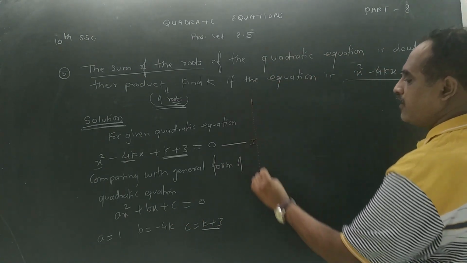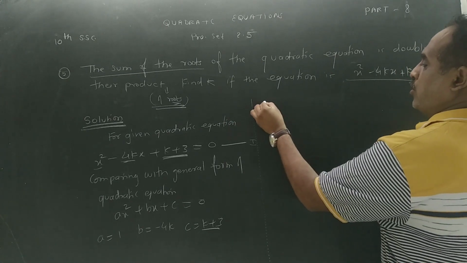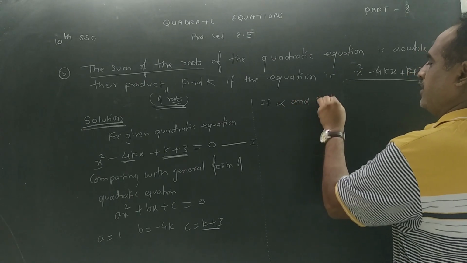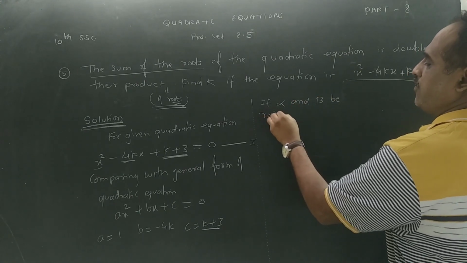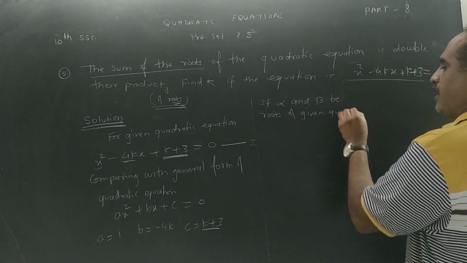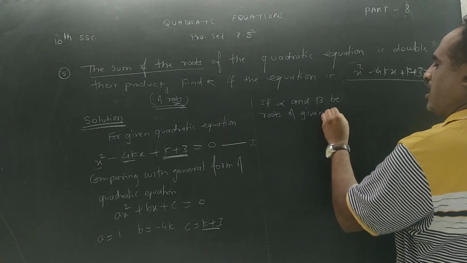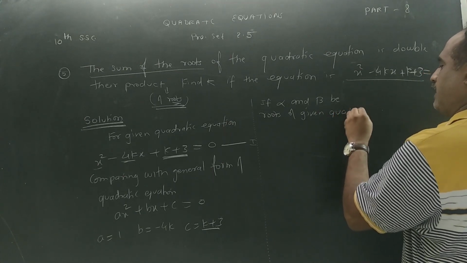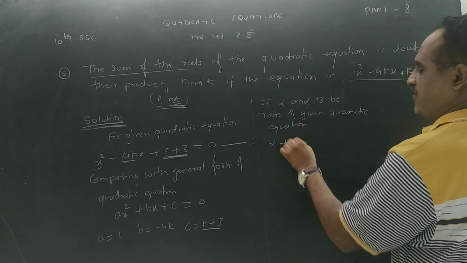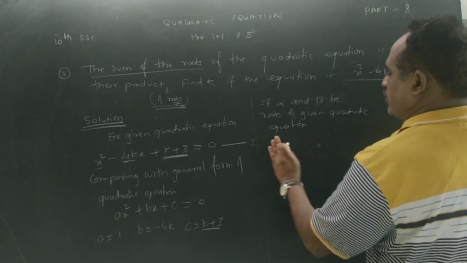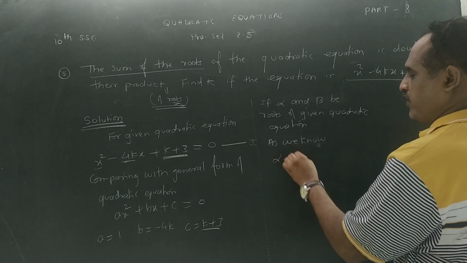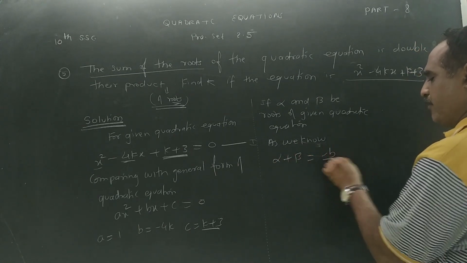So what am I going to write? If alpha and beta be roots of given quadratic equation, therefore alpha plus beta, as we know, alpha plus beta is equal to minus b upon a.